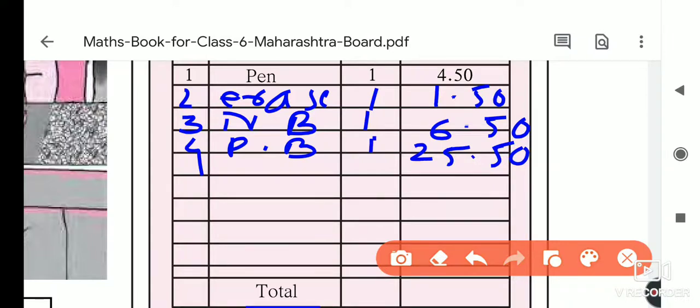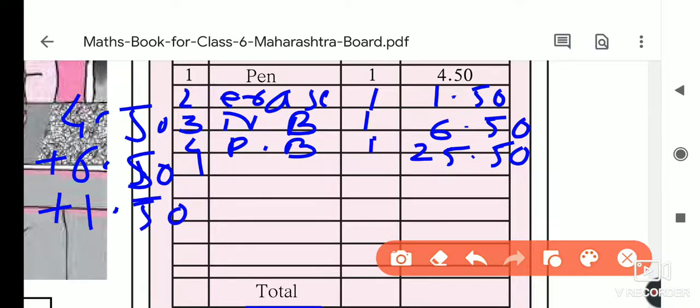So the total amount of the bill is what we have to find out. So here it is 4.50, then 6.50, then 1 rupee and 50 paise, the cost of the eraser, and then 25 rupees and 50 paise.